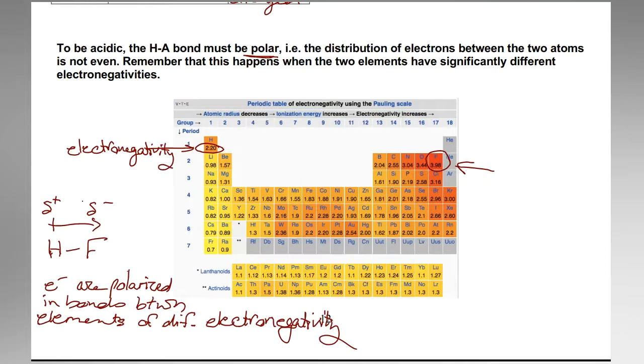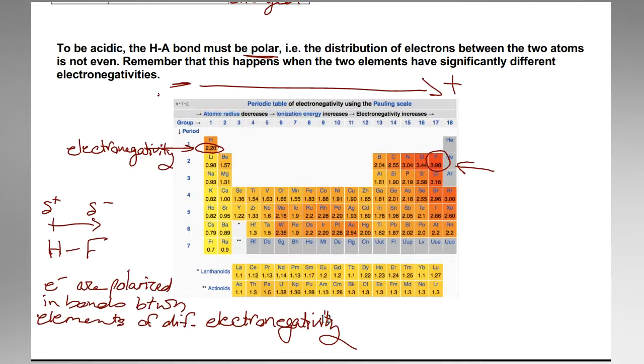Now, how can you predict whether a bond will be polar or not? You're not going to sit down and memorize all the electronegativities on the periodic table. So instead, we need to remember the periodic trends in electronegativity. So you remember that electronegativity increases from left to right across the same period in the periodic table.